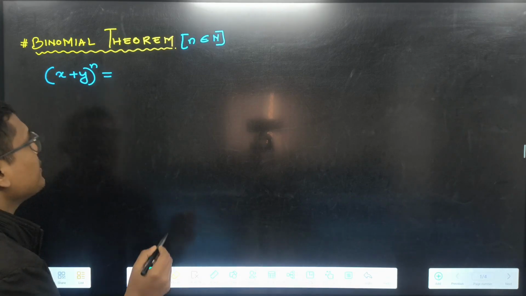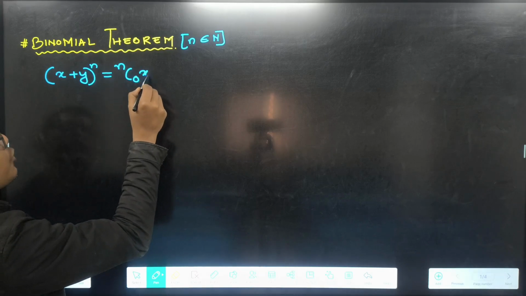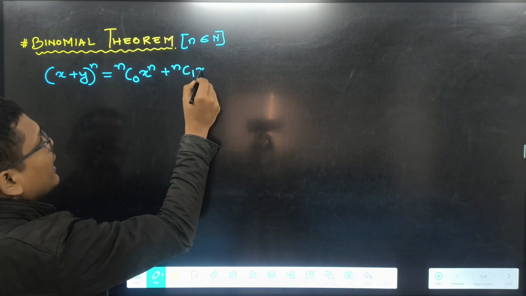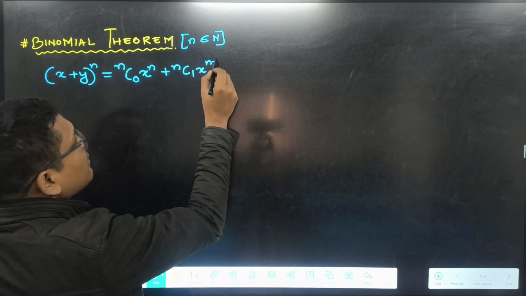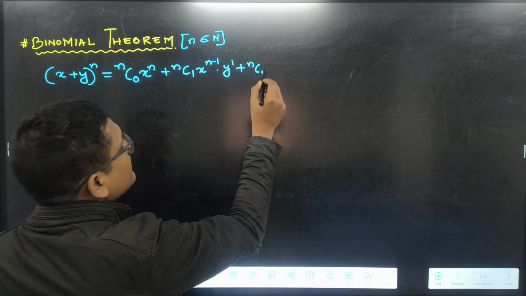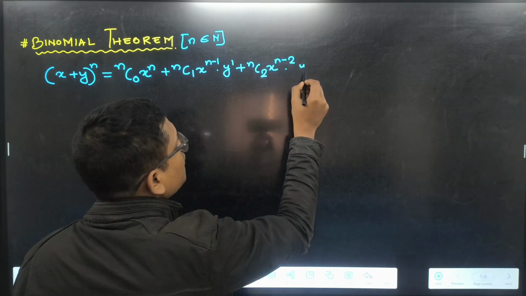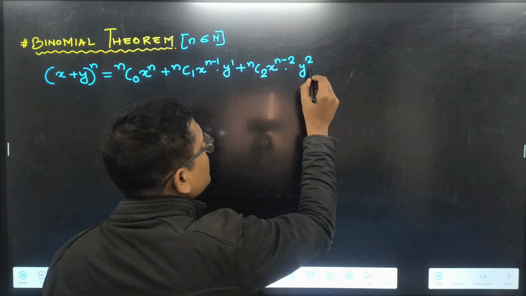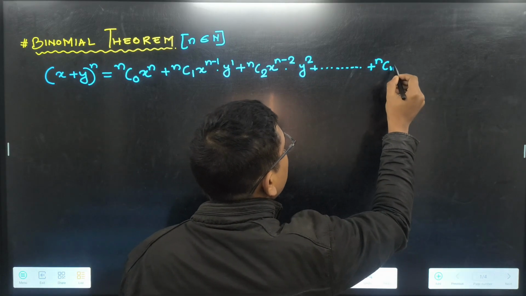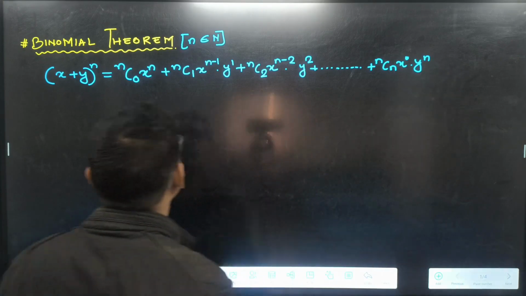We know that the expansion becomes nC0 x to the power n plus nC1 x to the power n minus 1 into y to the power 1 plus nC2 x to the power n minus 2 into y to the power 2, and so on. It will go up to nCn x to the power 0 y to the power n.